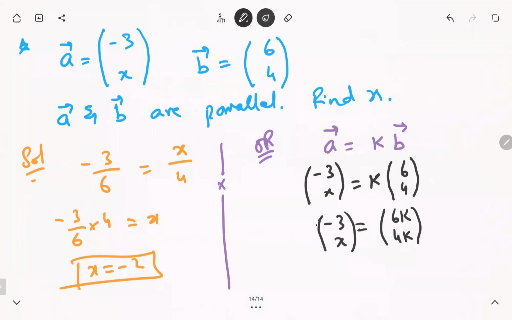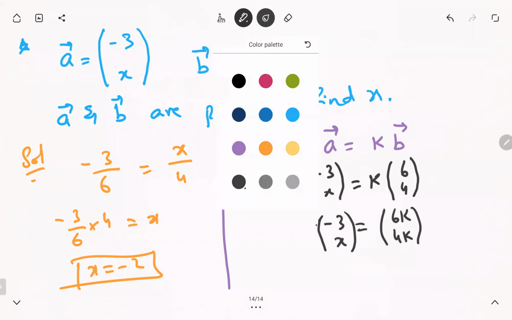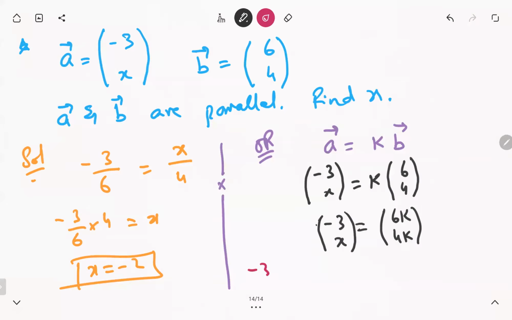Now these two vectors are equal. These two matrices are equal. तो corresponding elements आपस में equal होंगे. So -3 equal होगा 6k के और x equal होगा 4k के. x is equal to 4k से direct हमारे पास x नहीं आएगा because k is unknown. So first we will use -3 is equal to 6k, and from there we will get the value of k, which is -1 by 2.